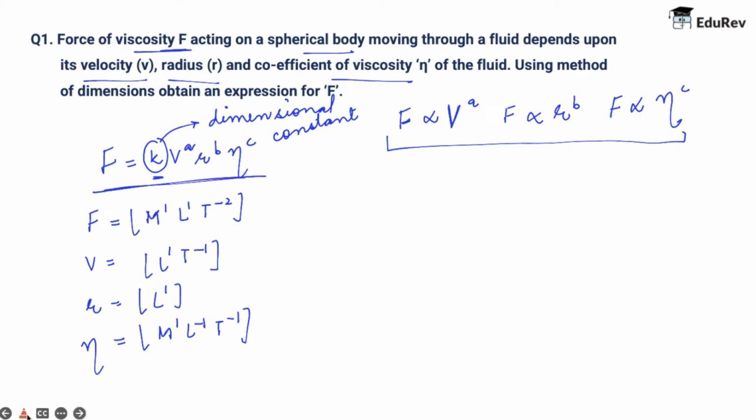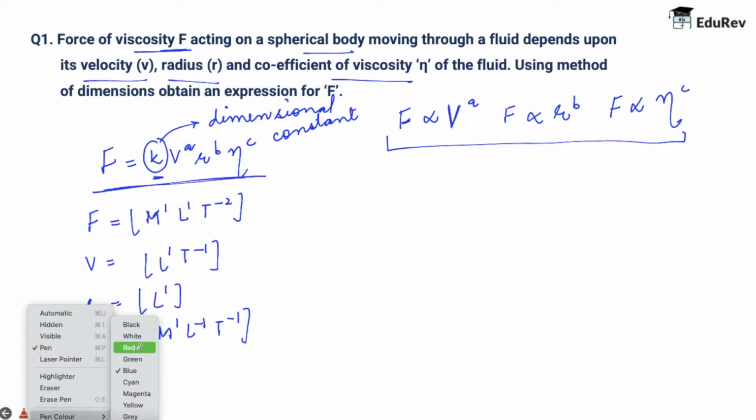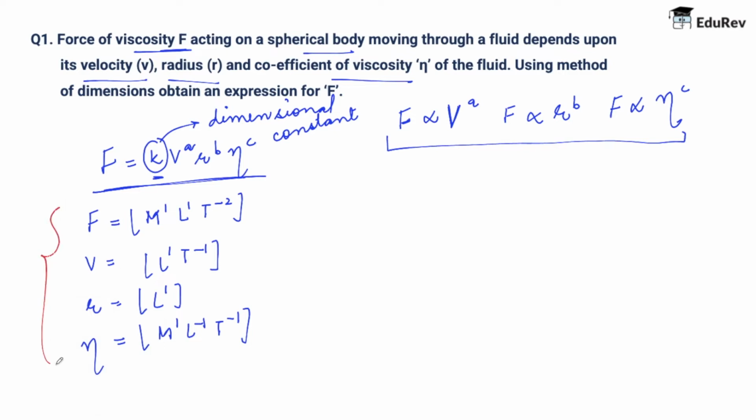So let's substitute all these formulas into equation 1. So what basically we need to do? We need to substitute all of this into this equation that I am highlighting right now. Alright, so let's do it.